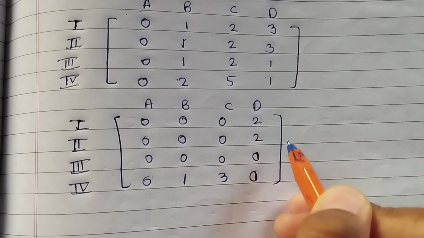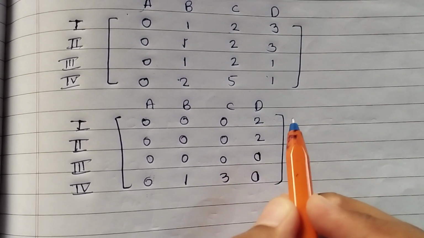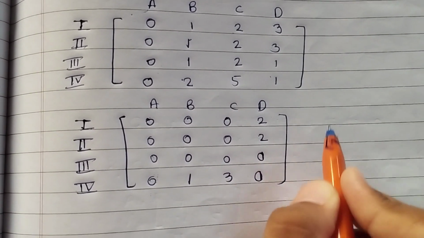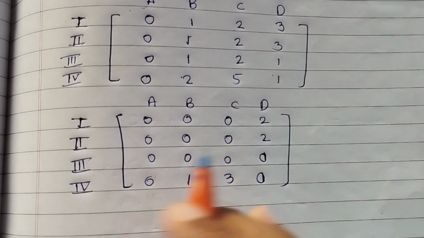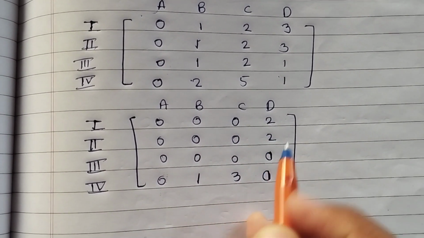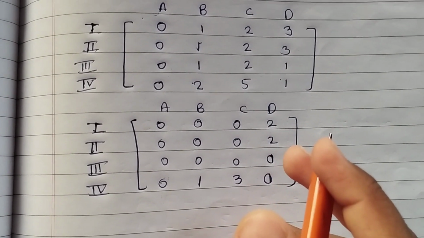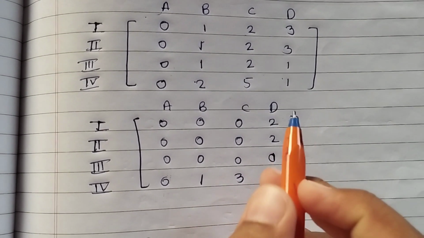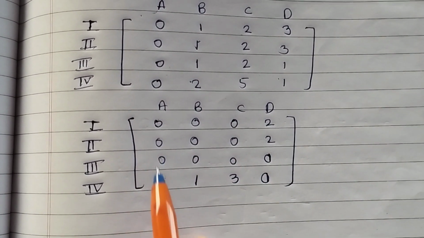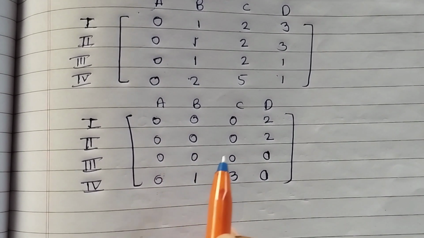Examine all these rows first. So if a row has a single 0, then assign this 0 as an assignment and cross. Let's suppose here no row has a single 0, then we move to the second step: if no row has a single 0, then move to the columns and examine if any column has a single 0.